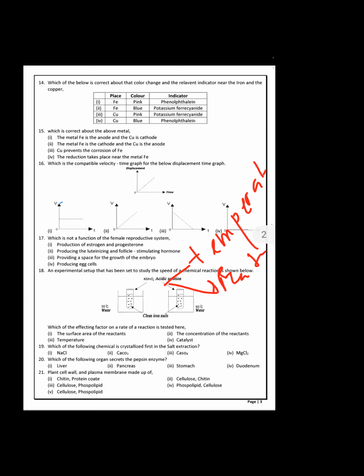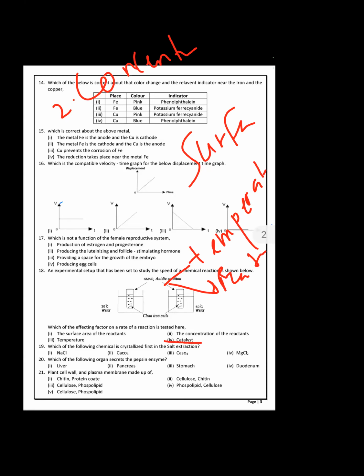Then concentration. First, temperature, yeah, surface area, and the concentration. So, which factor affecting the rate of the reaction is tested here? Catalyst. Yeah, that's correct. The fourth one.